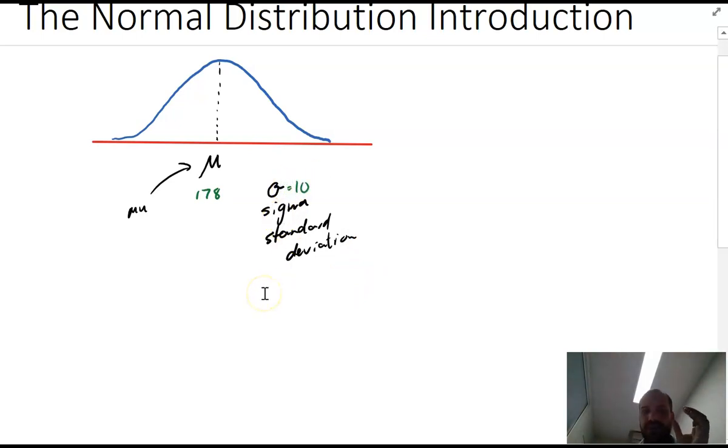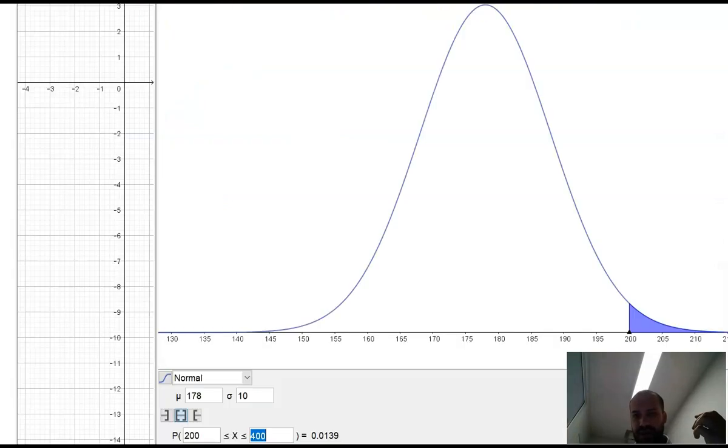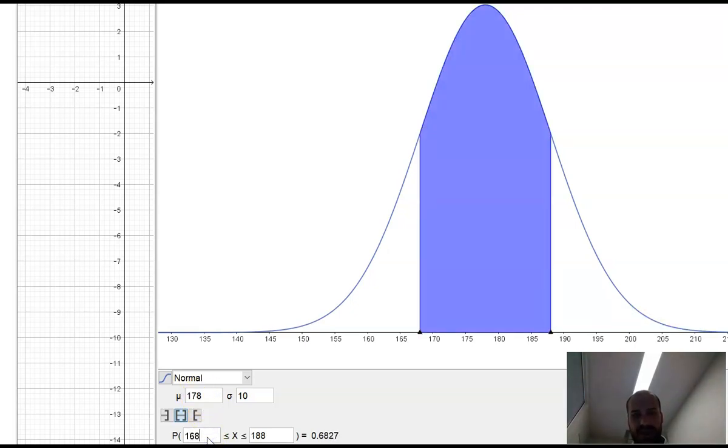Okay, I just want to show you really quickly one more thing before we finish off this one. It's just an introduction. The standard deviation is kind of useful here. So if I type in some specific numbers, 168 and 188, what I've done there is go one standard deviation to the left of the mean and one standard deviation to the right of the mean.